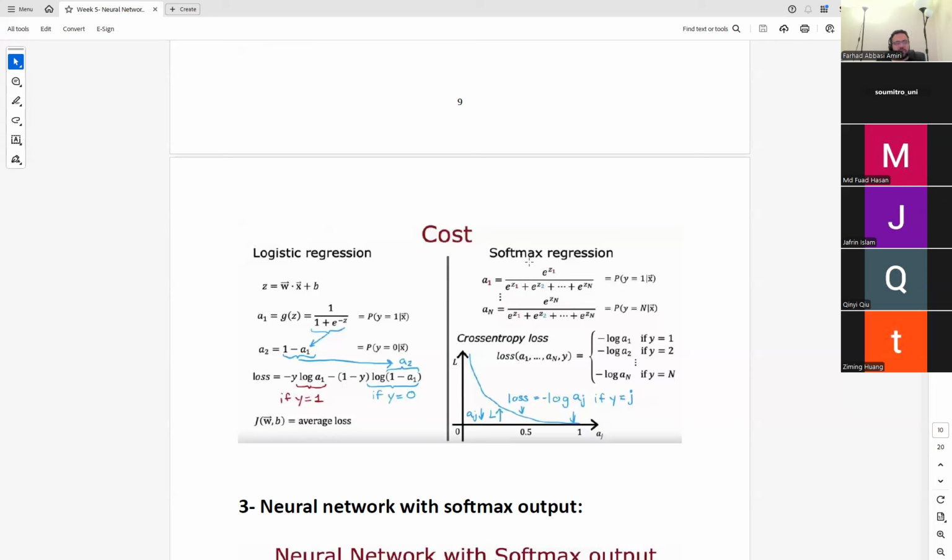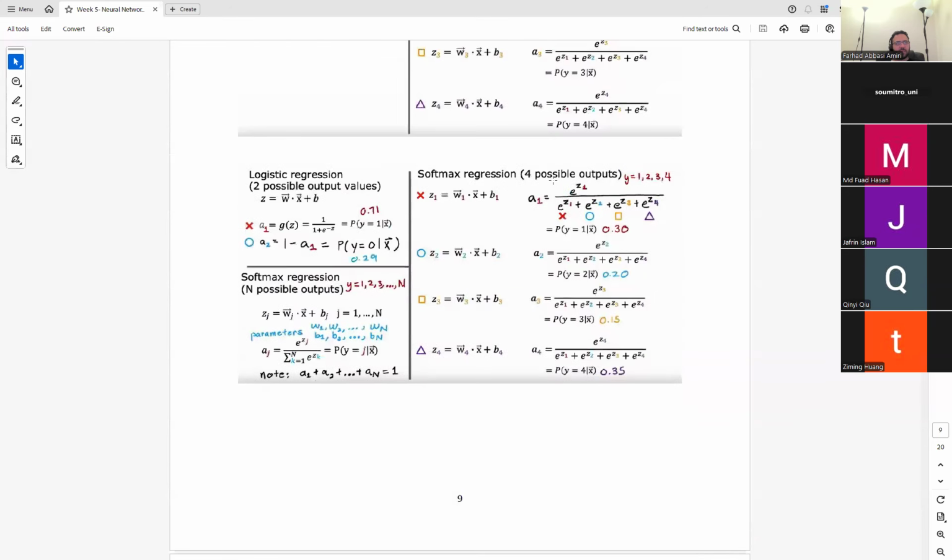For the softmax regression in multi-class classification, A1 up to AN are written in this way. As I mentioned, for 4 classes or 4 possible outputs, you had A1 up to A4 using these 4 fractions.